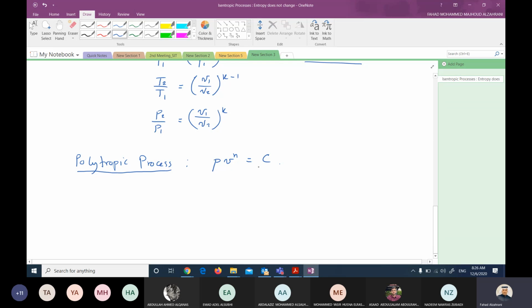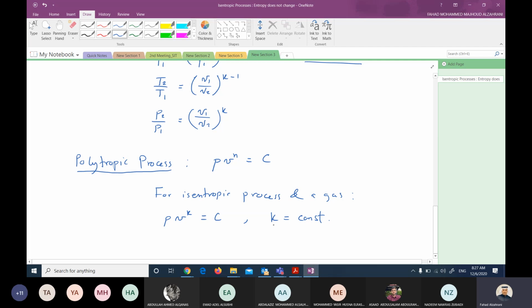And for an isentropic process, for a gas, not necessarily an ideal gas, what we have is PV^K equals constant, and K is constant.